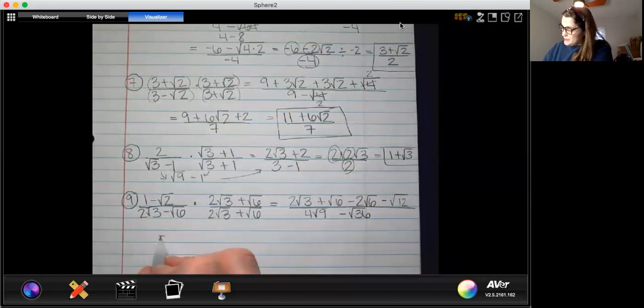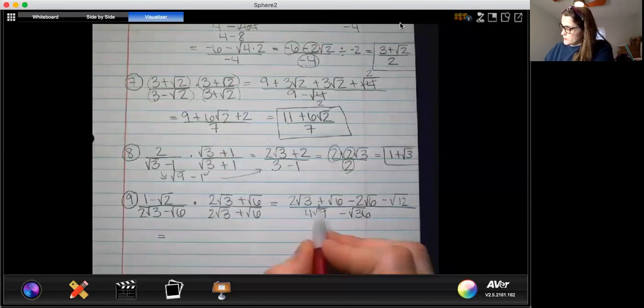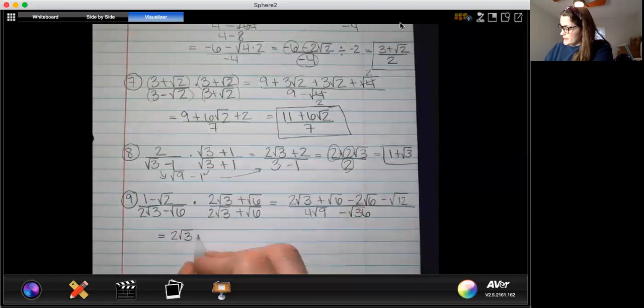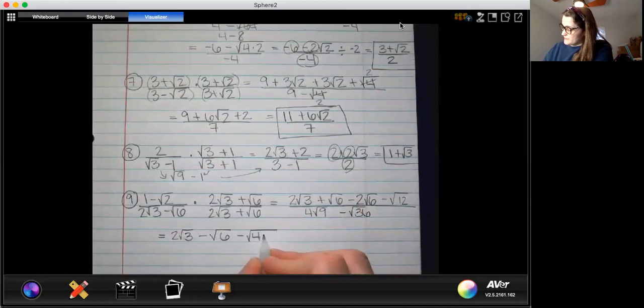Then I'm going to go through and simplify. 2 square root of 3 doesn't simplify. Middle terms combine. The last term simplifies.